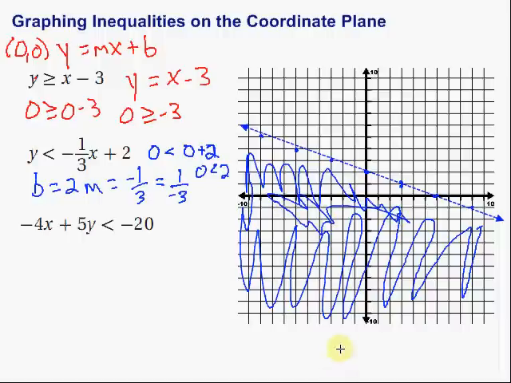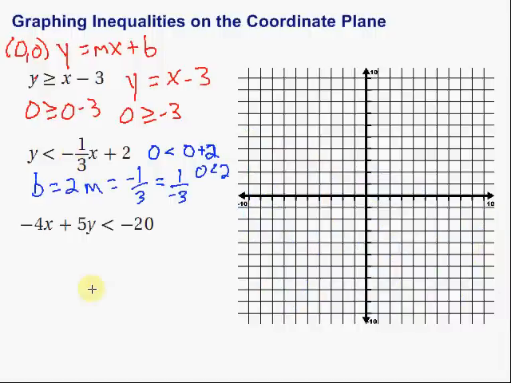Alright. Now, sometimes the inequalities are not going to be in a nice y is less than or y is greater than, that nice slope-intercept form. And it might be easier to use a different form, like we could use the intercepts in order to graph.